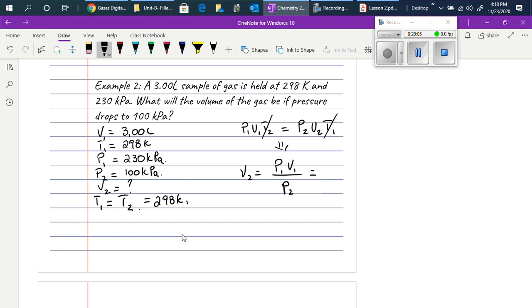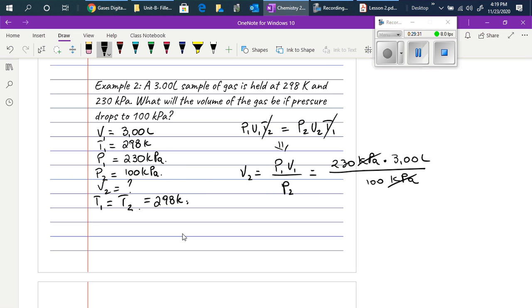And if we substitute, what we have is 230 kilopascal, and still the units will cancel out, times 3.0 liters over, no, sorry, it's 100 kilopascal.